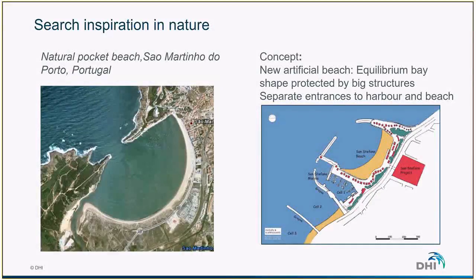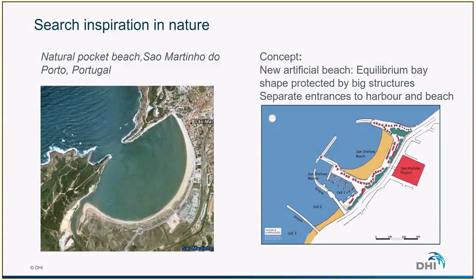Basically, what's been done is to search for inspiration in nature. What you can see on the picture here is a natural beach located in Portugal. This shape has inspired the development and the concept for the new artificial beach, which is detailed on the drawing on the right. So basically, we have an equilibrium bay protected by big structures and with a relatively small opening.